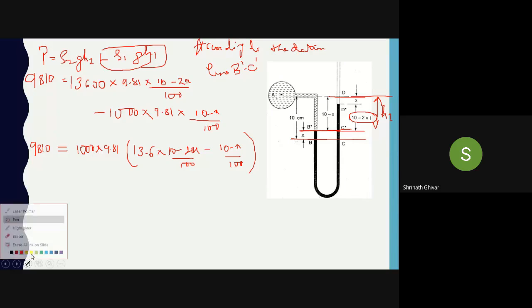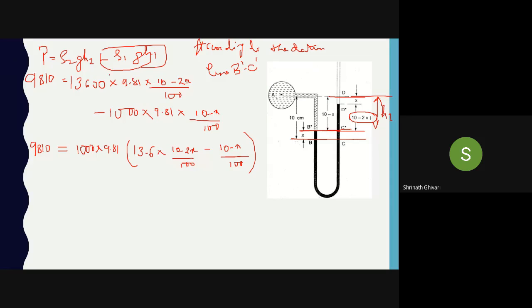Shall I write it again? 10 minus 2x, minus 10 minus x by 100. Solve it and let me know the answer first.